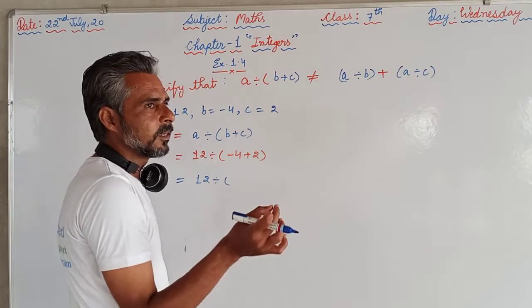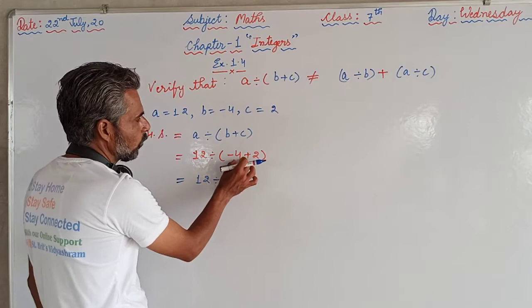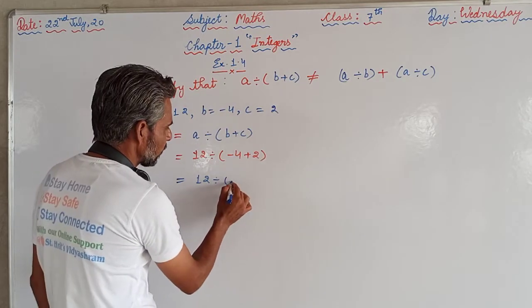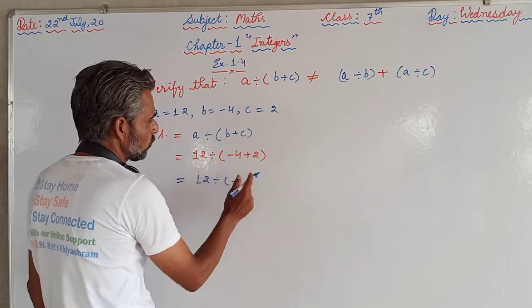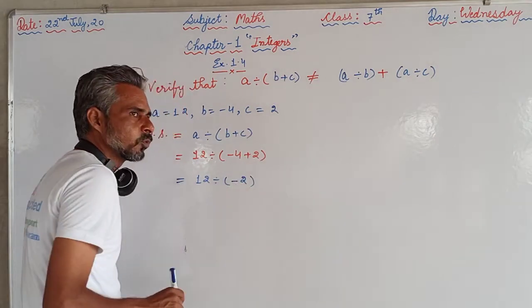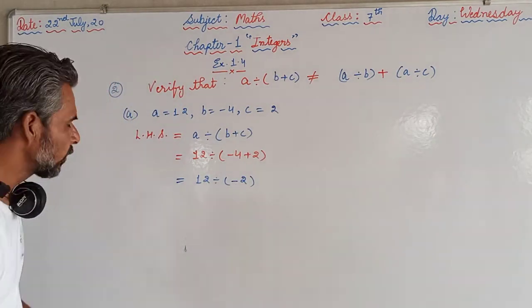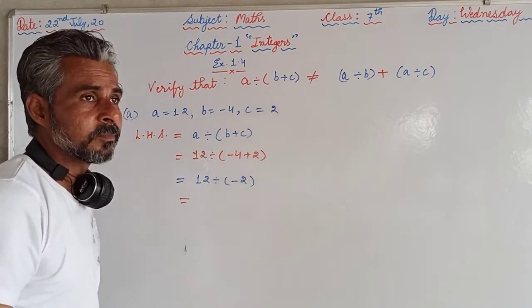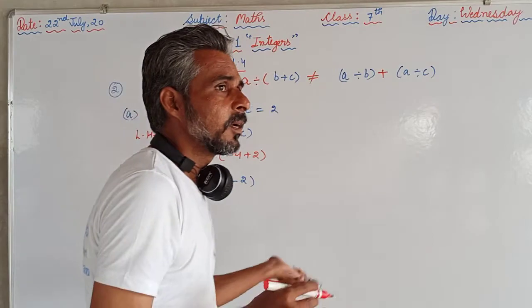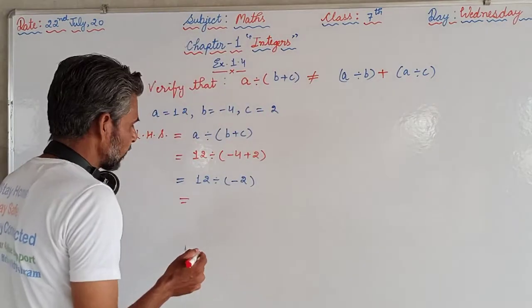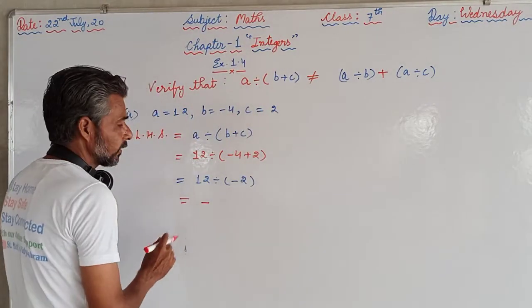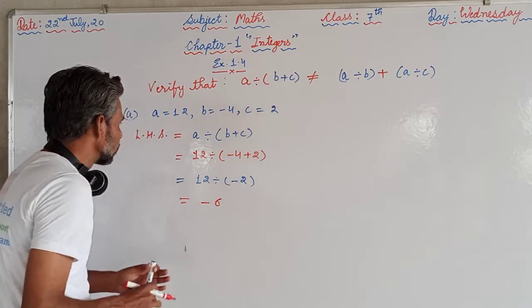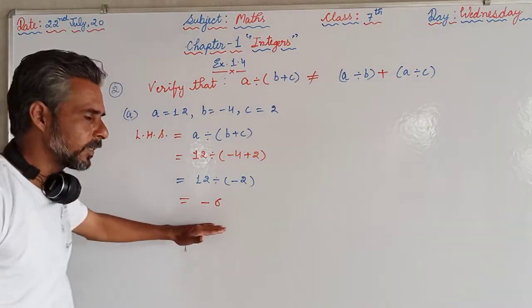We see the magnitudes 4 and 2. Which one is greater? 4. What is the sign of the 4? Negative. Now 4 minus 2 is 2. So the sign will be of the greater number. Then we divide 12 by 2, that becomes 6. So the value of the left hand side is -6.